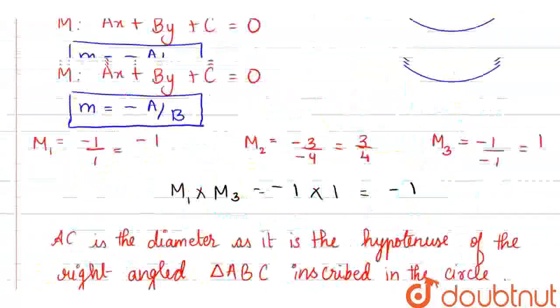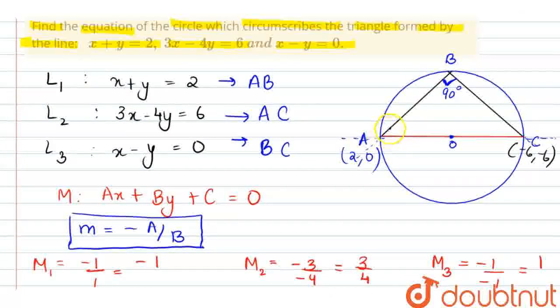Once we have written that, now we have to calculate the radius. For calculating the radius, we can take AO.